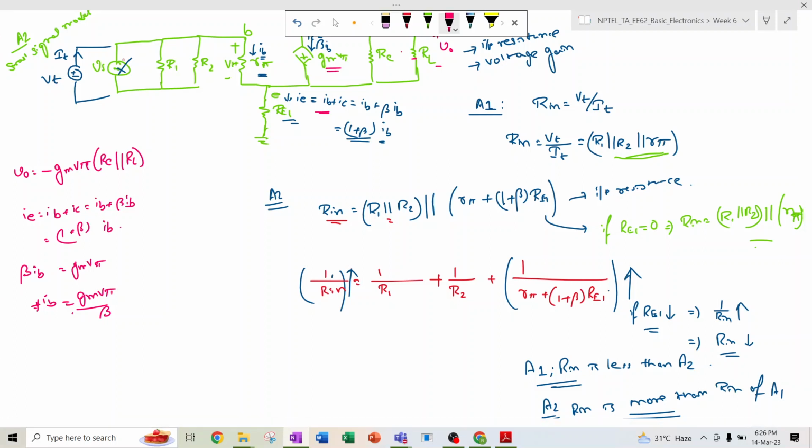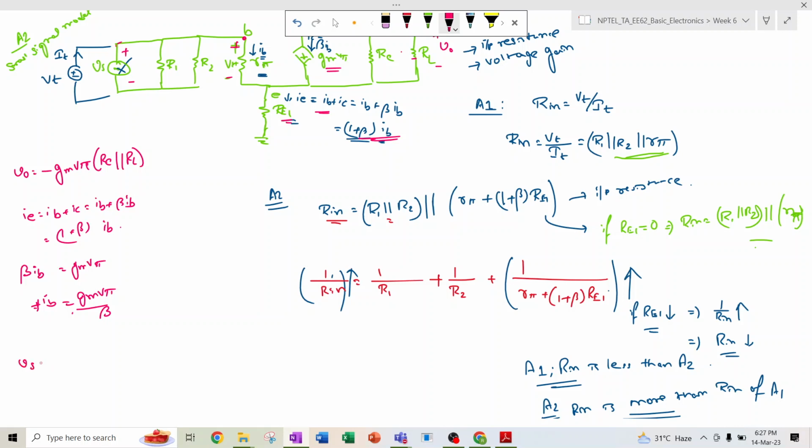So here we are applying the voltage Vs. Vs is nothing but V pi plus (1 plus beta) times IB into RE1, right?